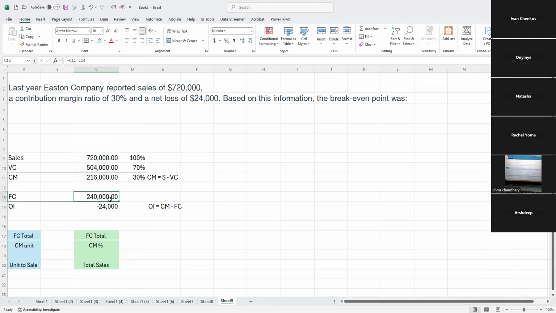So that means the fixed cost is more than the contribution margin, by 24,000. So now, once I have my fixed cost, can I get the break-even? Yeah, we can, in dollars. With the dollar amount, which formula am I going to use? This one. Fixed cost divided by the percentage of contribution. Right. Okay.